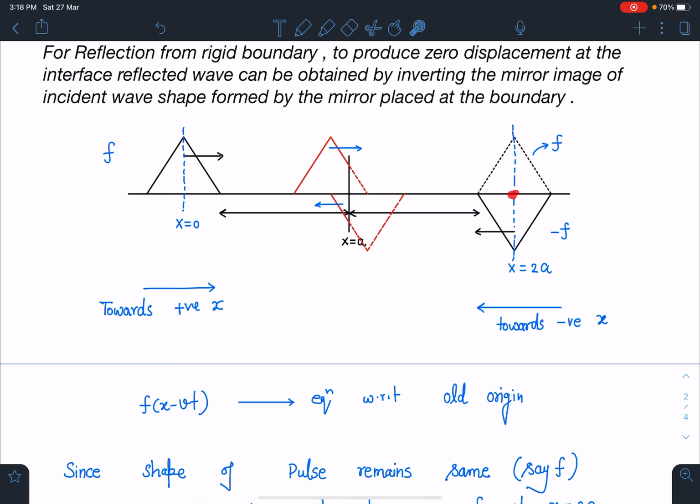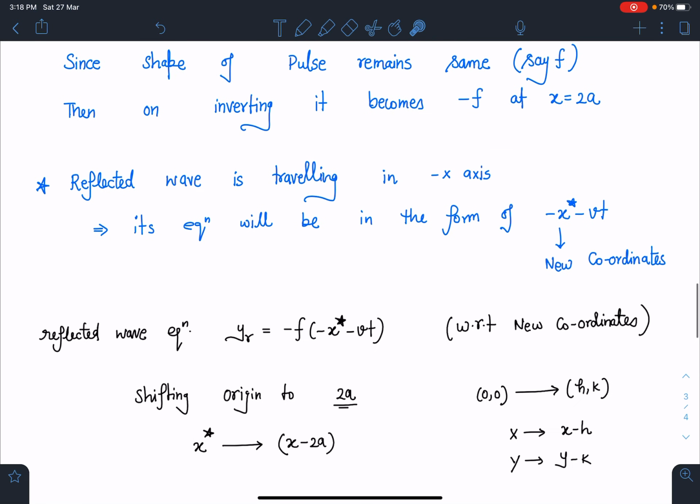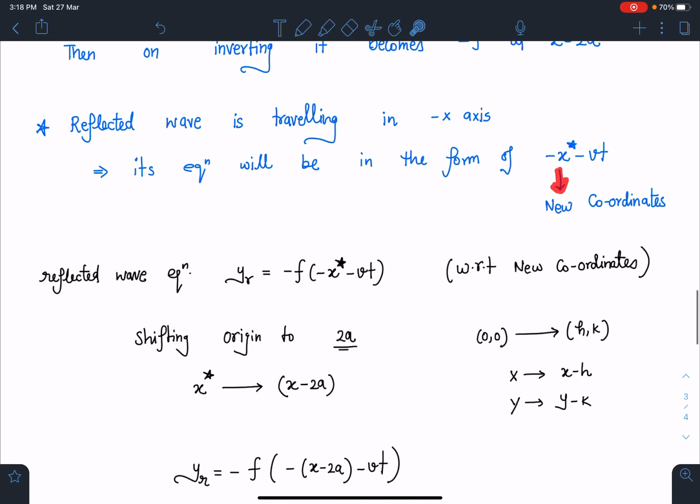Now this is not the origin, so I have to write the equation of this wave pulse. It will be minus f of minus x star minus vt, where I'm calling this the new coordinate system. So in this new coordinate system, I can write the equation of the reflected wave as minus f of minus x star minus vt, written with respect to new coordinates.